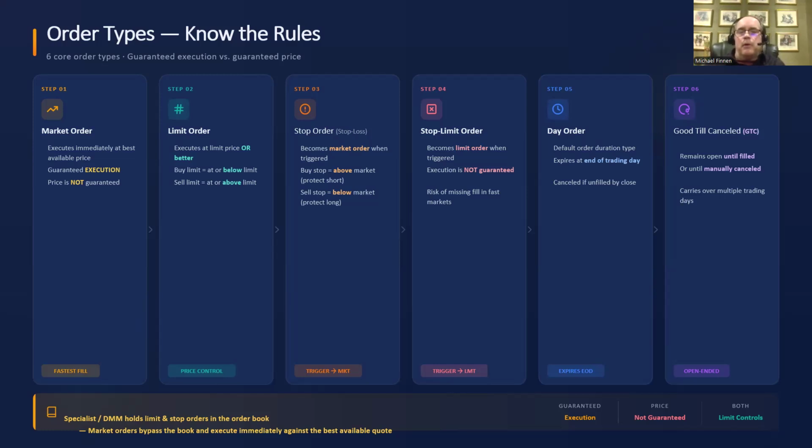So we enter an order to buy 100 shares at 39.50, below the market price, put it on the book, and if it's a buy limit and it trades at or below the price, it will execute the order. On a sell limit that's above the market, if it trades at or above, I sell. It does not require a trigger. All it has to do is hit the price or better, and the order is going to get executed.